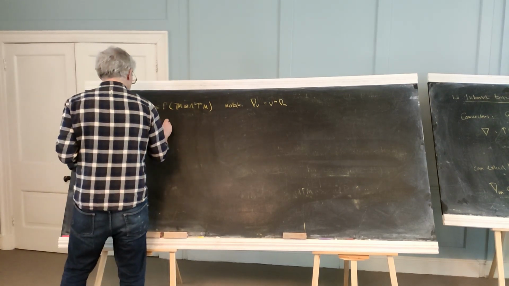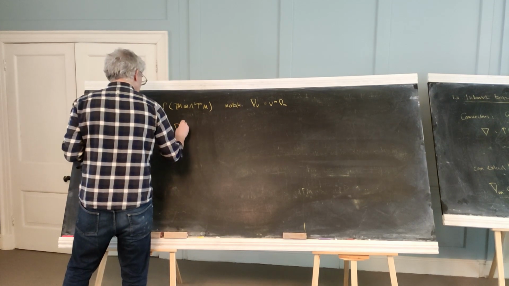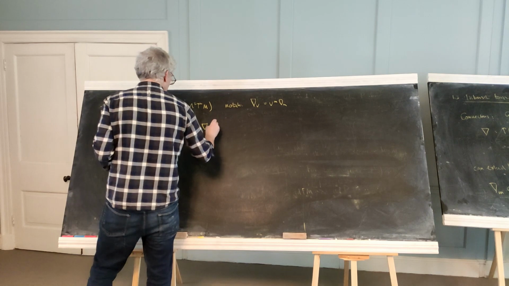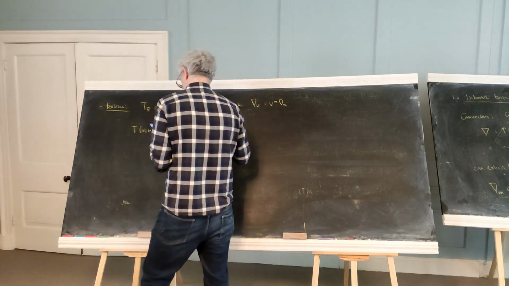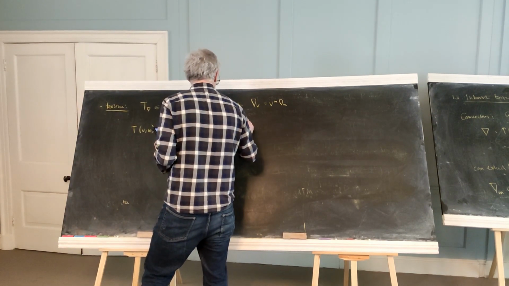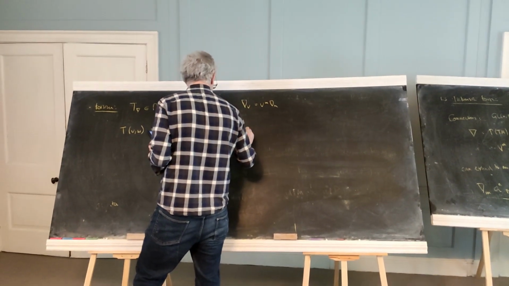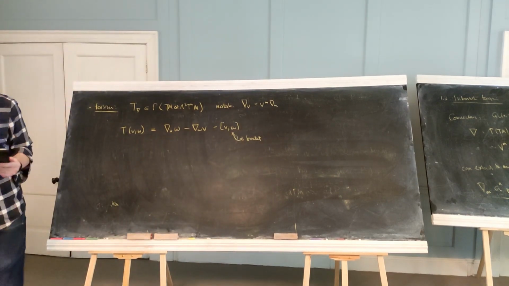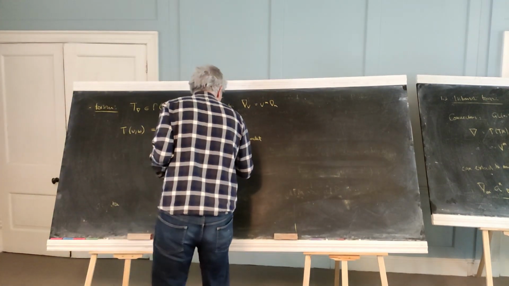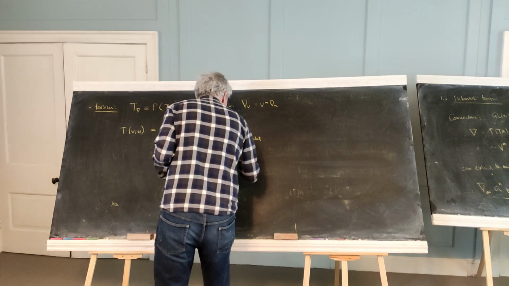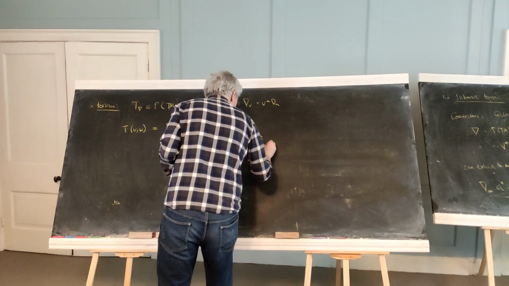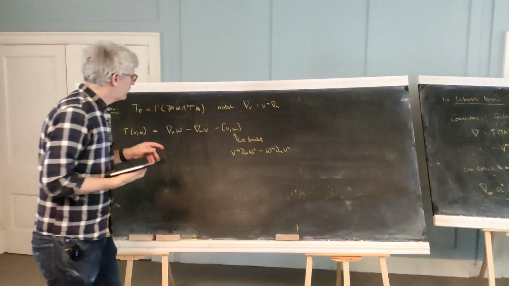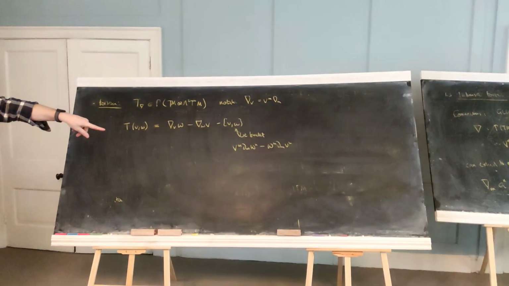And I define it as the derivative along v of w minus the derivative along w of v, and then I subtract from that the Lie bracket. If you remember, the Lie bracket is just V^m d_m W^n minus W^m d_m V^n. And remember, for any two vectors, this is still a vector.